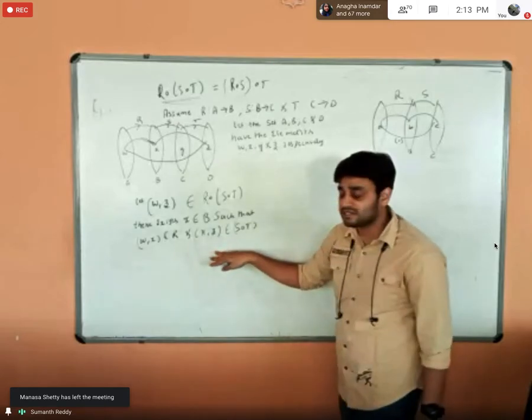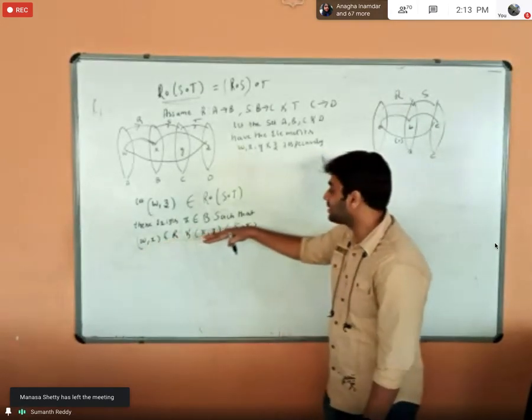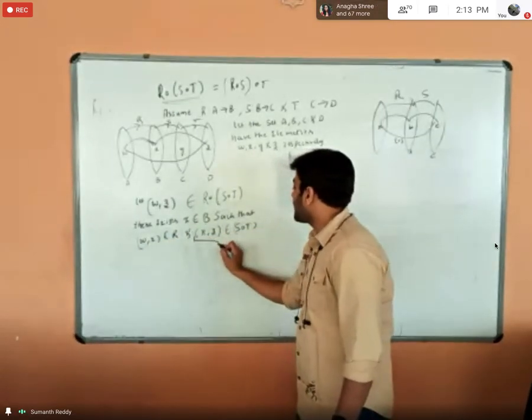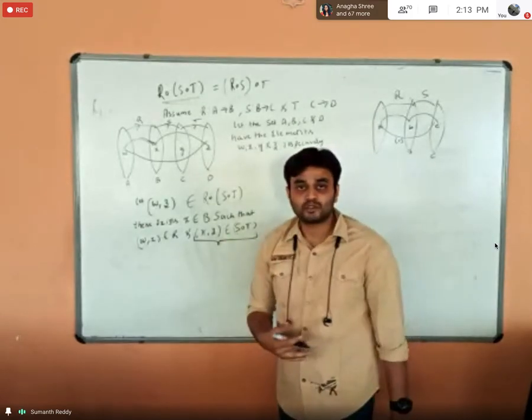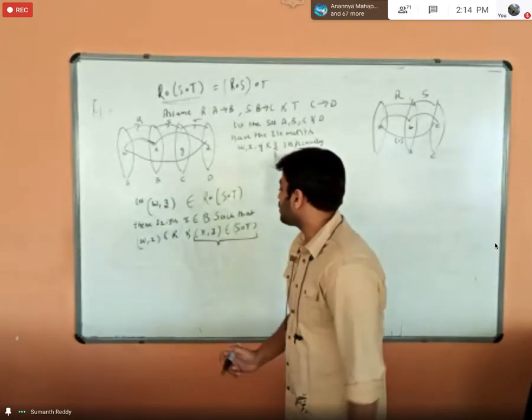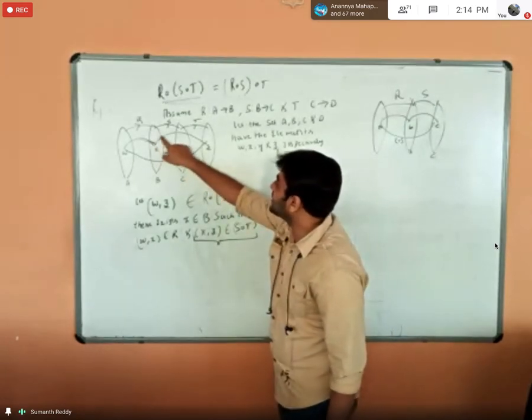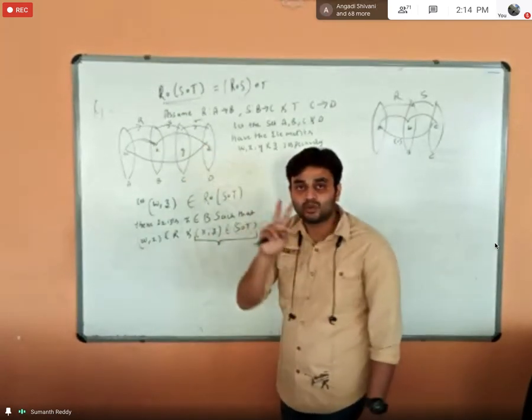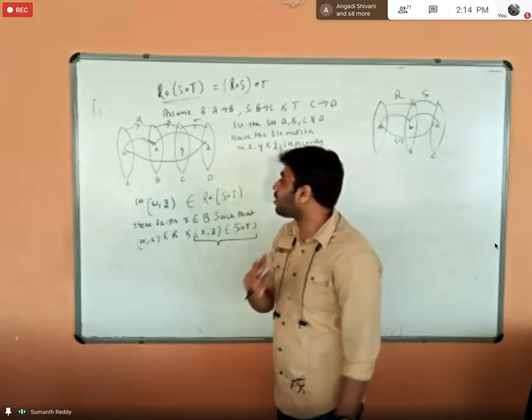Now if you observe this, I cannot split W comma X further, but X comma Z you can split further, right? So again, you can apply the definition of composition of relation to this part. X comma Z can be further split into two ordered pairs.